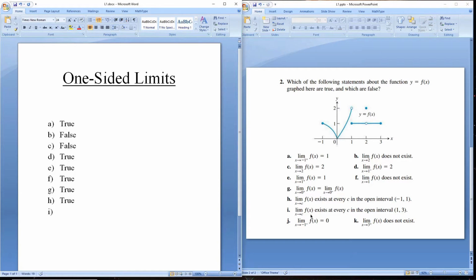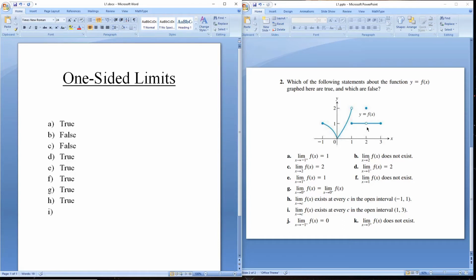I wants to know if the limit exists everywhere in the open interval 1 to 3. So here's 1, here's 3. In this open interval, does it exist everywhere? And it does. Now this is a broken line, so we have two lines here. We have a line here, and then a line here that the limit will always be on.